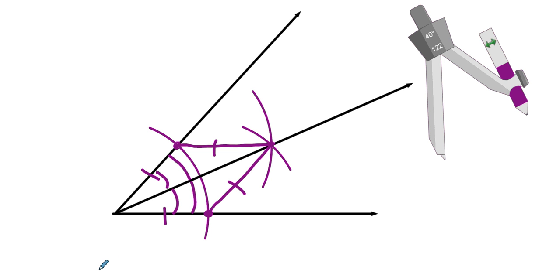But more importantly, this side is shared between these two triangles here, triangle RHO and triangle RMO. So triangle RHO is congruent to triangle RMO by side, side, side, they share a side, which means that this little piece is congruent to this little piece.